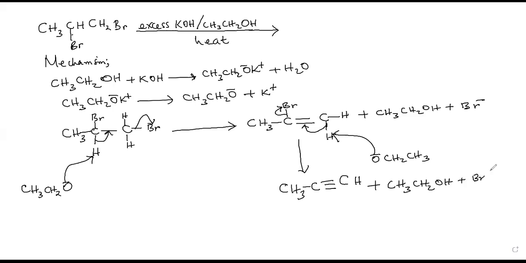And bromide ions. It is the final step where you have the potassium which didn't react, plus bromide from potassium bromide. This step is not marked, but you can show it.